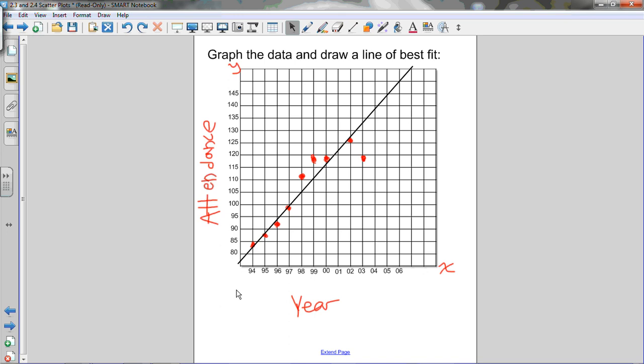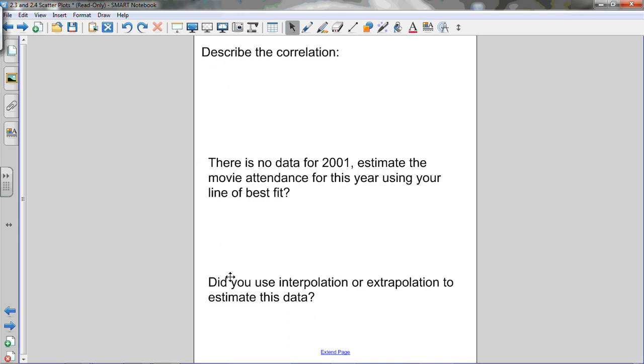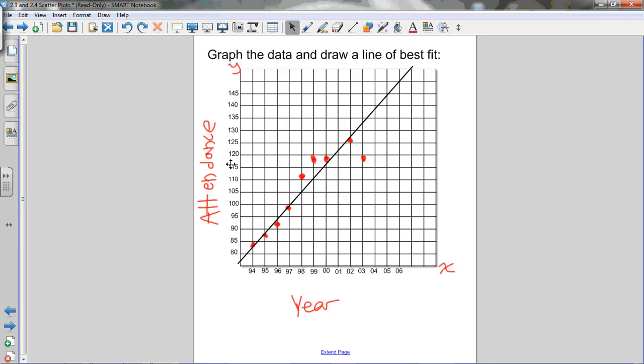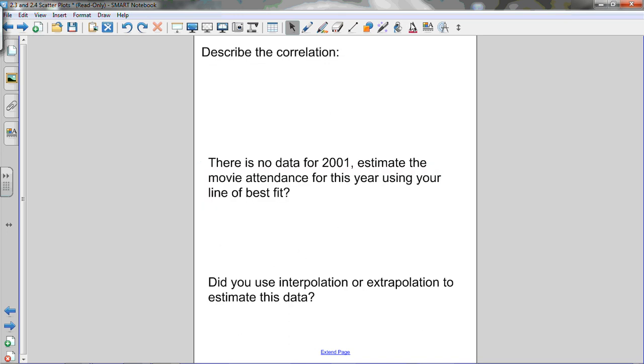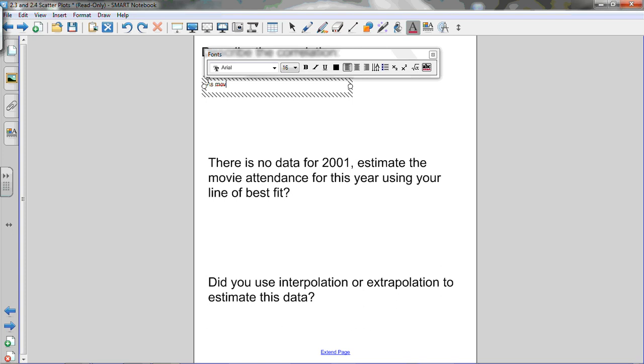Okay. Next thing I want to do, I want to describe this correlation. So that line of best fit really helps here. That line of best fit shows me that as the year is increasing, so is the attendance. It's going up to the right. So I'm going to write that here.